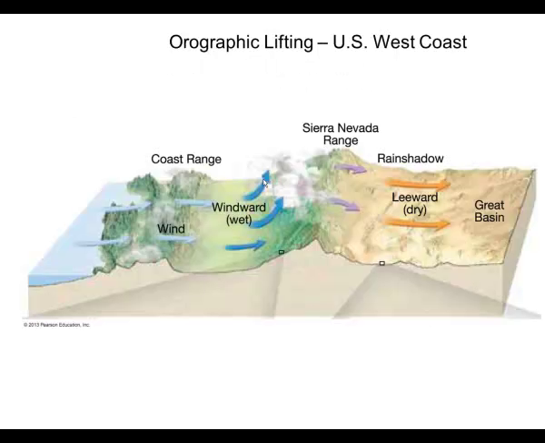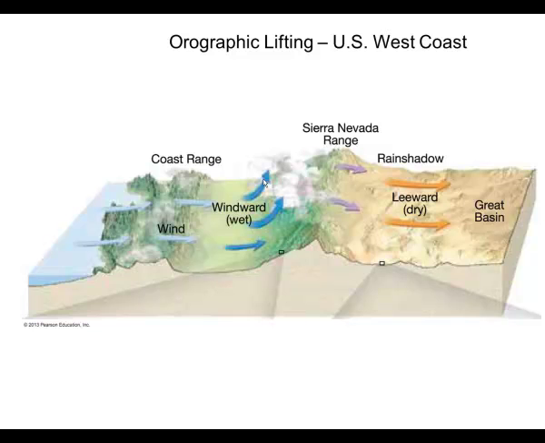Okay. This is kind of neat because on the previous slide it talks about the leeward side of the mountain, and these are actually on our west coast mountain range. So this would be the Pacific Ocean. Here's your orographic lifting. Okay, it can go ahead and cool to the point of dumping its precipitation.